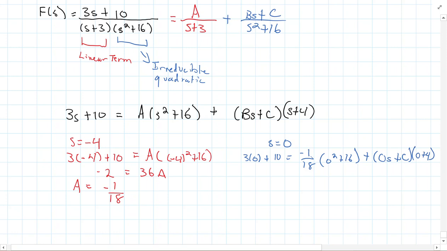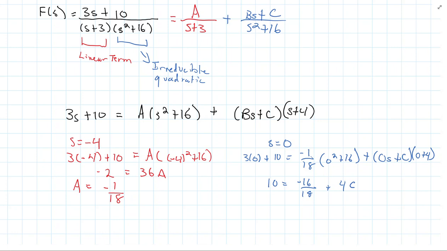And now I look at this, I've just got a bunch of arithmetic I have to do. So you have 10 is equal to negative 16 over 18 plus 4C. Now, I just made this problem up randomly, so the numbers aren't going to necessarily be, quote, very pretty, but that's fine.